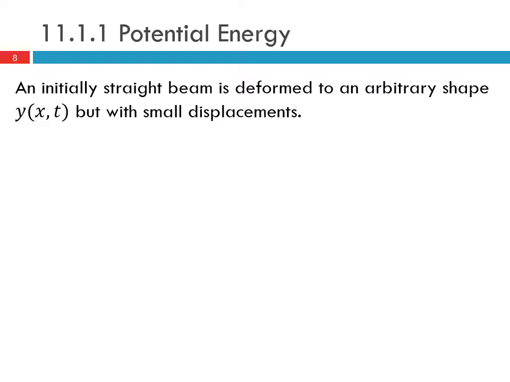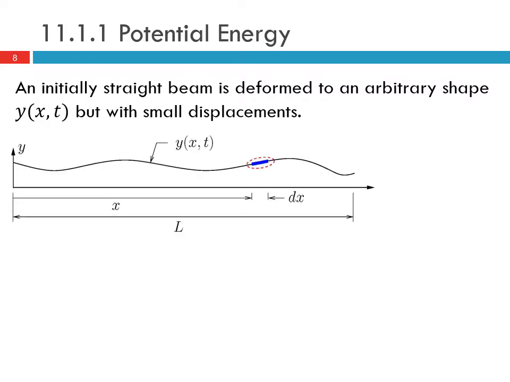So an initially straight beam is deformed into an arbitrary shape, which we can call y of x and t, and of course assuming small displacements as usual. So we have something like this, some beam that's in its deformed configuration. And then we can look at an infinitesimal element of this beam in its deformed configuration with a length dx.